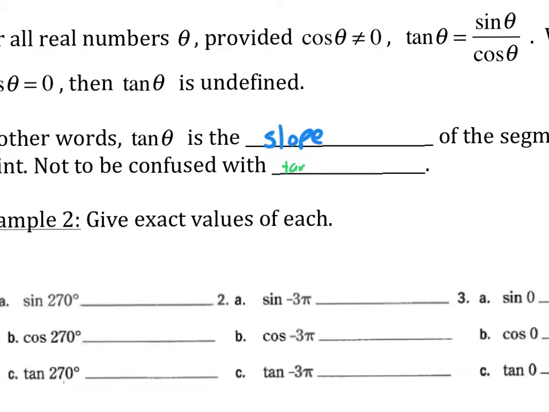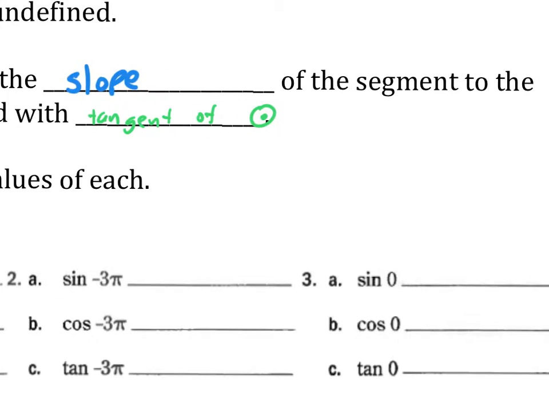Don't confuse this with tangent of a circle. If you recall from your geometry days, if you have a circle and, for example, a wheel touching the ground, this line right here is called a tangent line because it touches the circle in exactly one place. But it doesn't have to be that. I could have a ladder leaning up against a pipe.